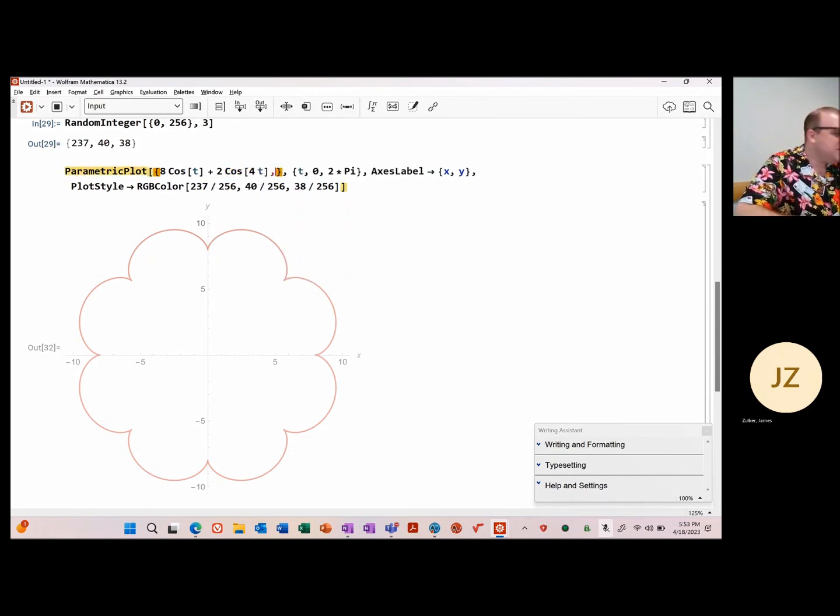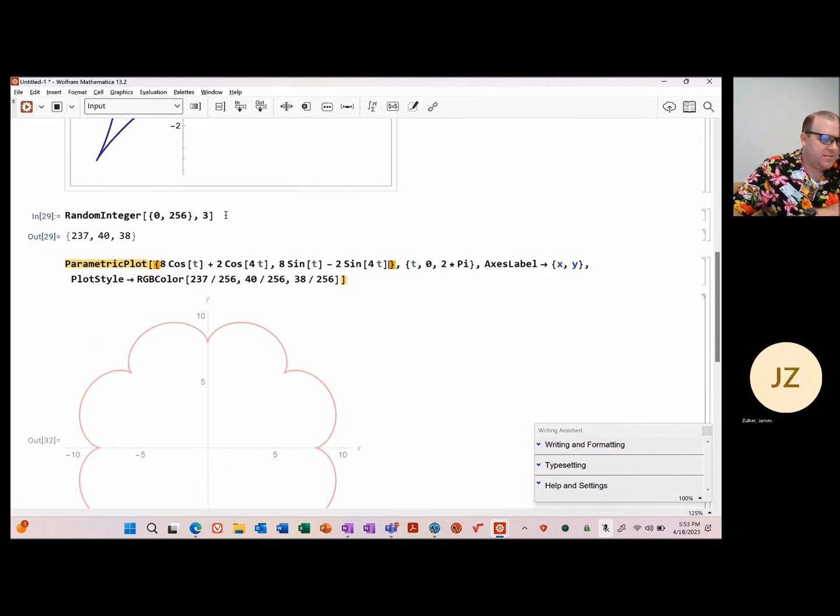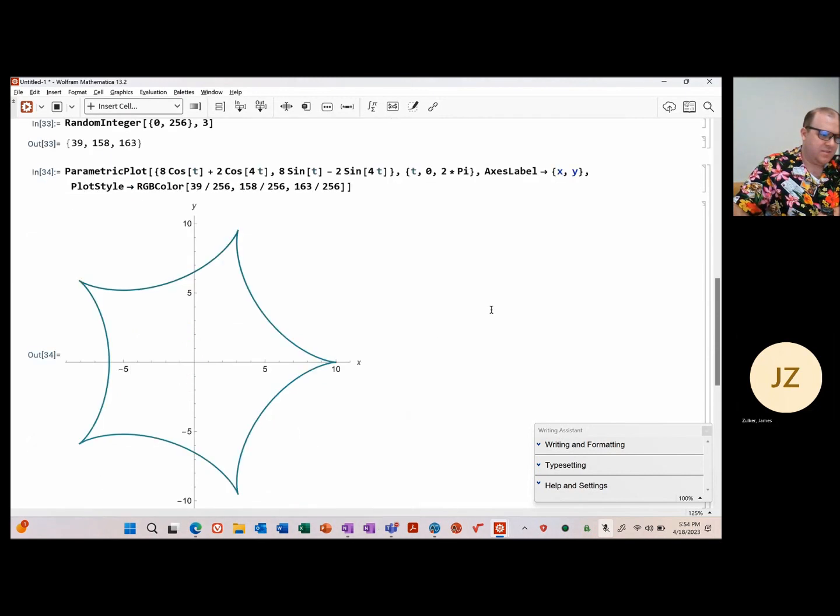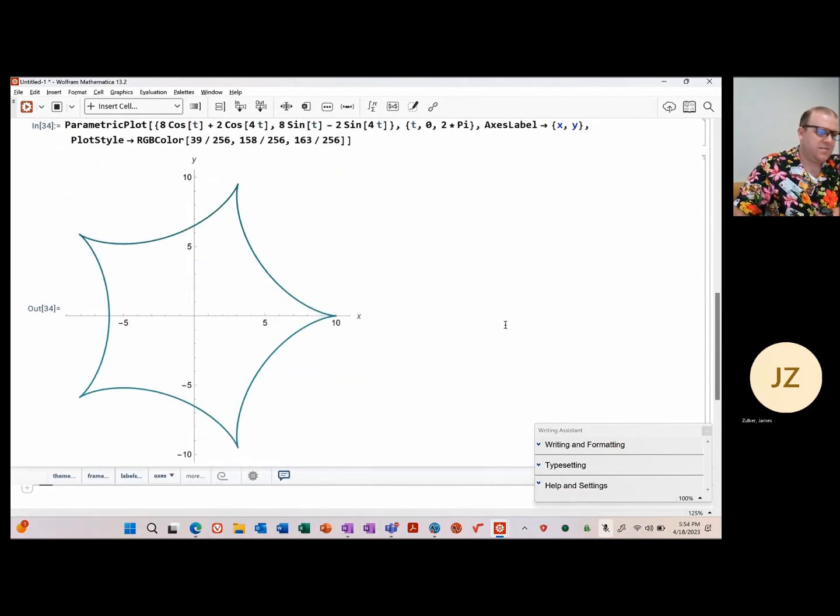Told you trig is sexy. This is a hypocycloid.